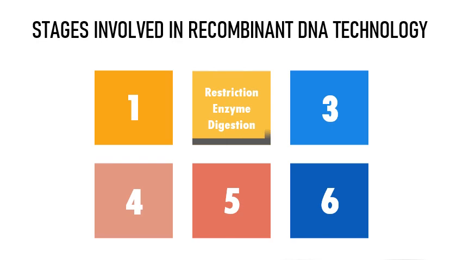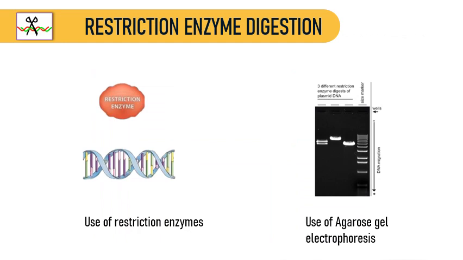Let us explore the second step in recombinant DNA technology, that is restriction enzyme digestion, in a detailed manner. Here, restriction enzymes act as molecular scissors that cut DNA at specific locations, and these reactions are called restriction enzyme digestions.